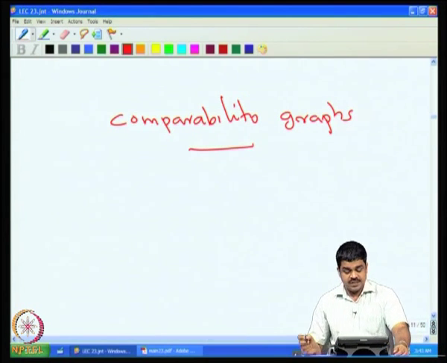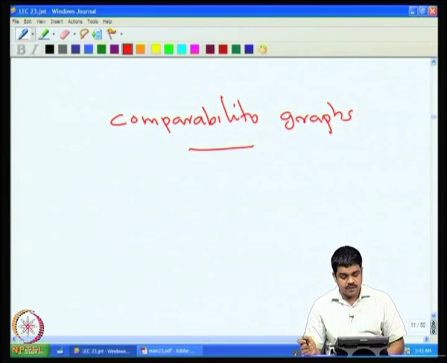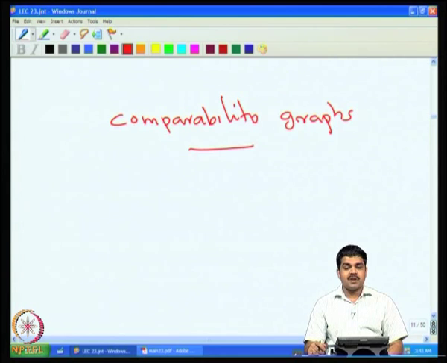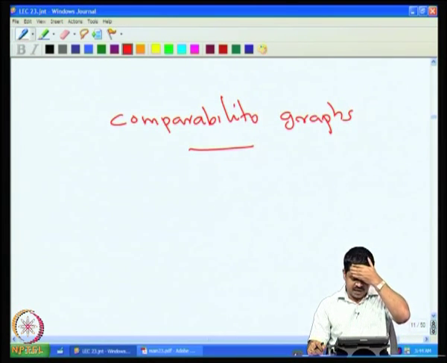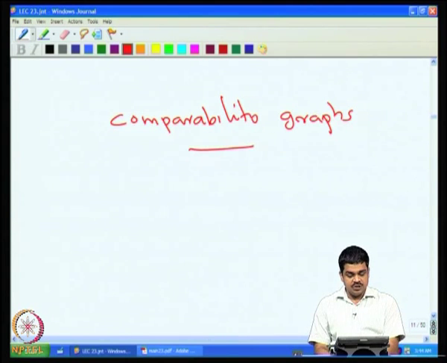Now, our question is: are comparability graphs perfect? As we can see, if you are given a comparability graph and you consider its induced subgraph, naturally it is also a comparability graph.